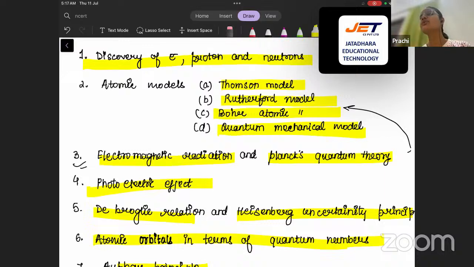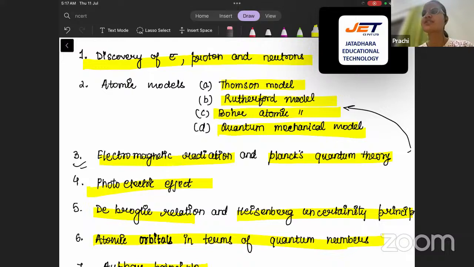So these are the two things that we will learn in today's session. And then in the next session, we will start with the electromagnetic radiation and the Planck quantum theory. And then finally, we will learn about the Bohr's atomic model.